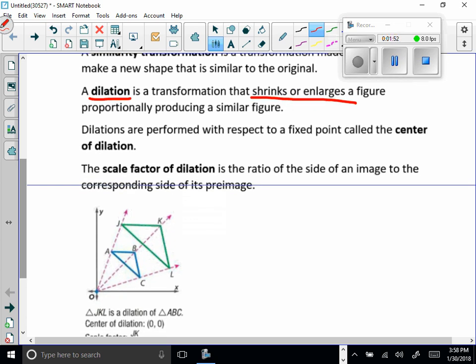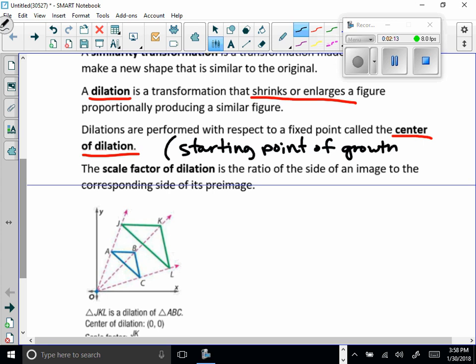Dilations are performed with respect to a fixed point called the center of dilation, and that's just the starting point of growth or shrink.